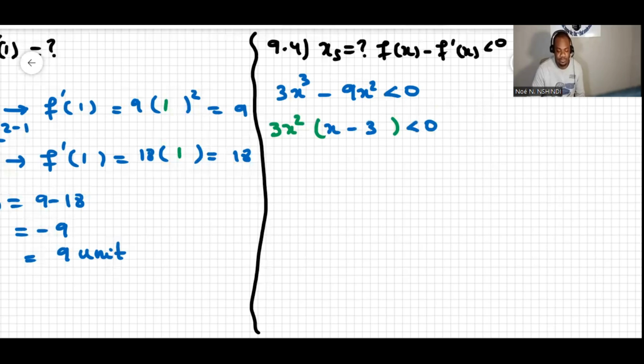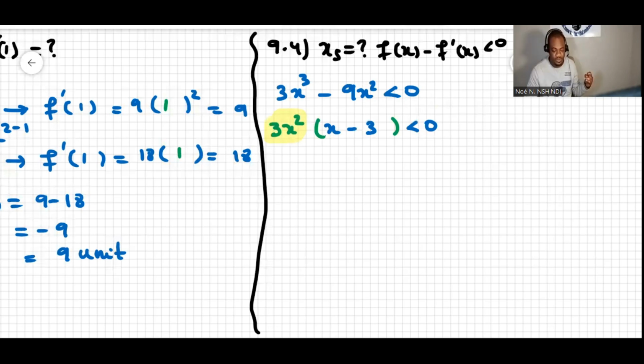Now, lesser than 0, we can do this by using the number line, for instance, but even before that, it is important to note that this part here is strictly positive, because 3 is positive and x squared will always be positive.